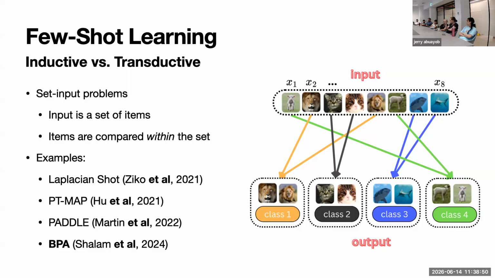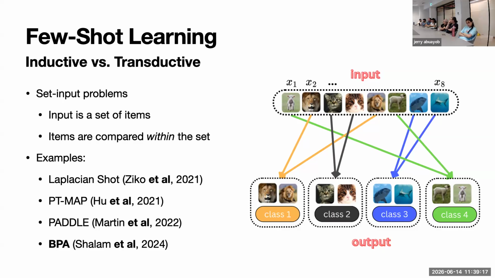That's the few shots that are given to you? Yeah, the labeled, the small labeled set. But are they in this input group or are they separate? In transductive settings, we can union them together and utilize the whole set together. But in the inductive few shot setting, we have no knowledge of the queries whatsoever. We just take the embeddings and classify based on that.